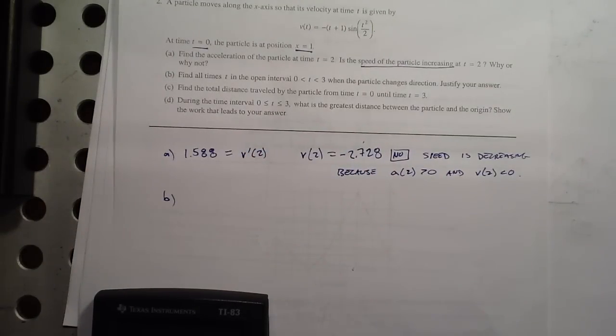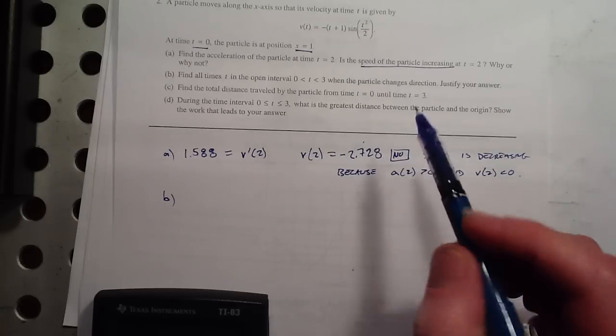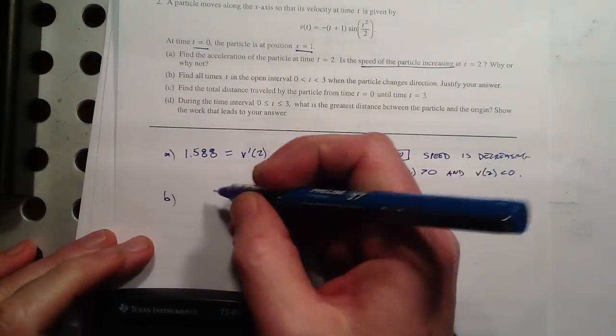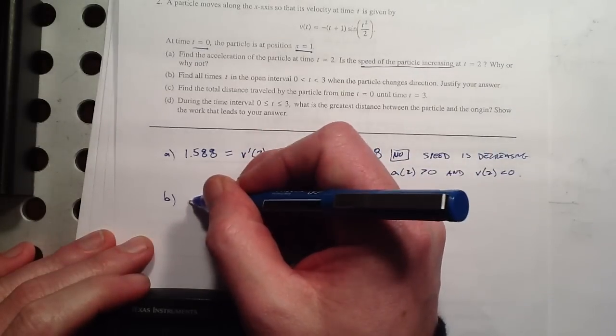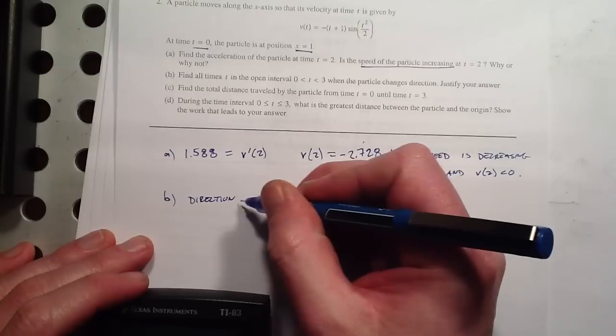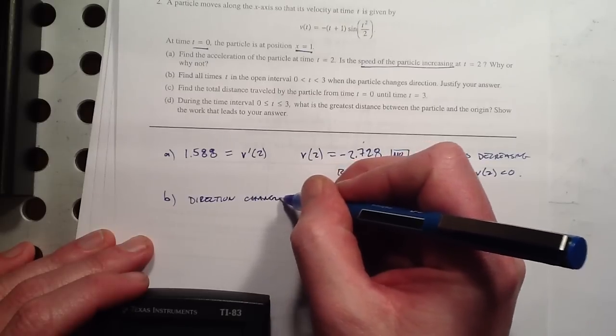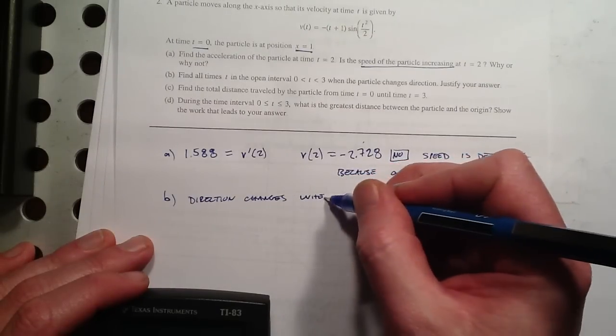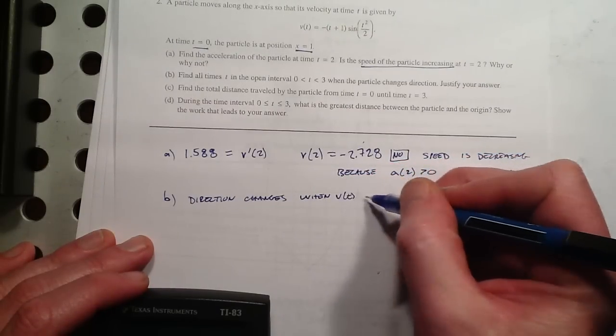Okay, part B. Find all times t when the particle changes direction. The particle changes direction when the velocity is equal to 0. So, direction, let's just justify first. Direction changes when velocity is 0.